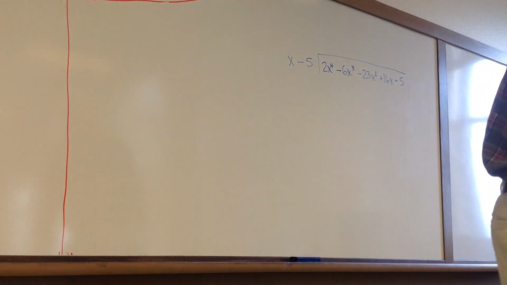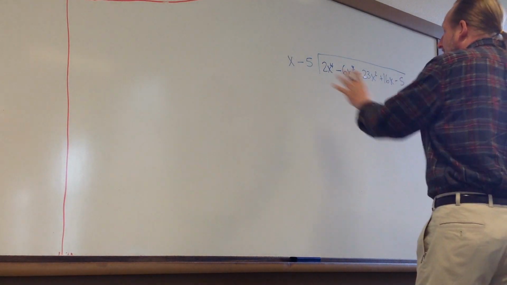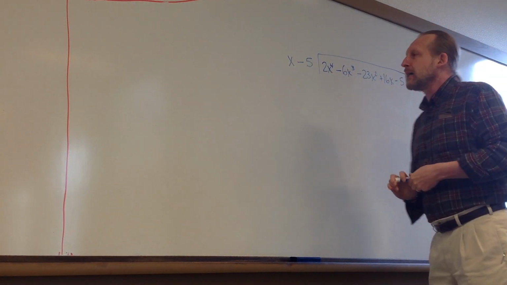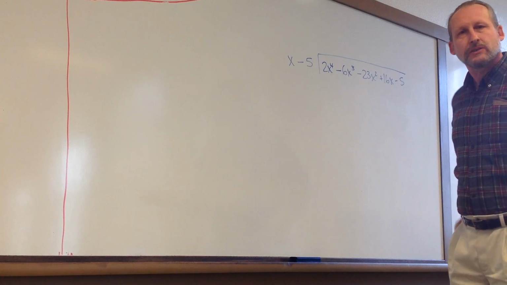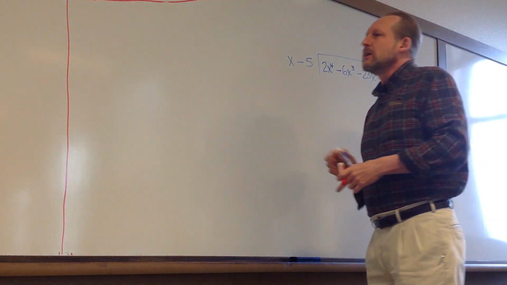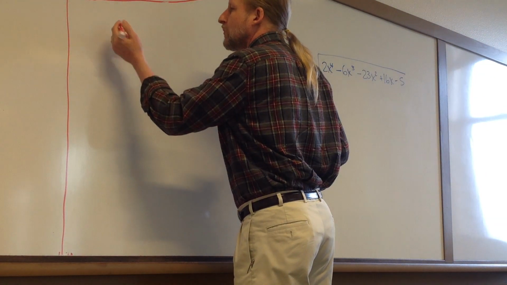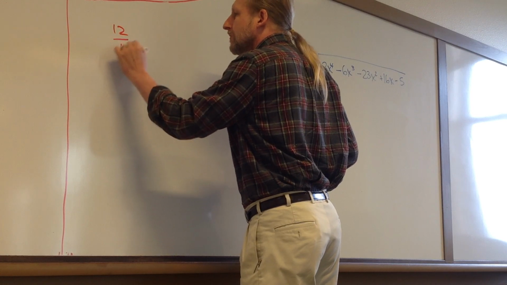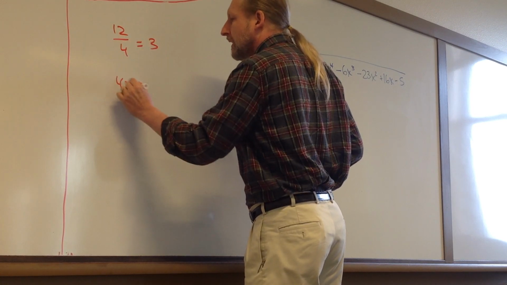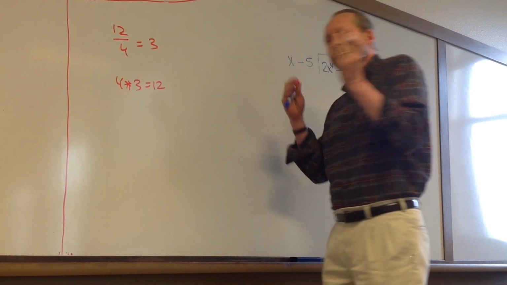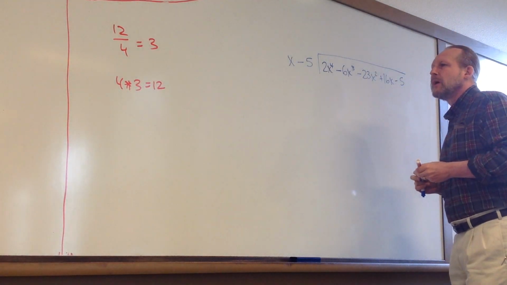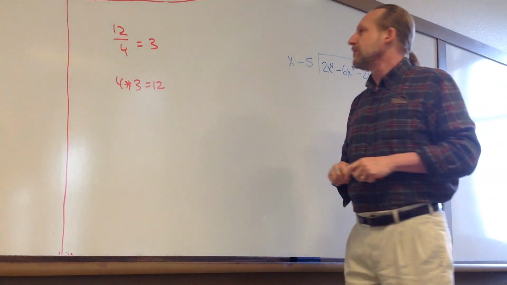So first off, the fundamental question that we're asking in a problem like this is, what do you multiply this thing by to get this answer? That's what division talks about. When we do 12 divided by 4 equals 3, that's because 4 times 3 equals 12. This is the fundamental relationship between multiplication and division.